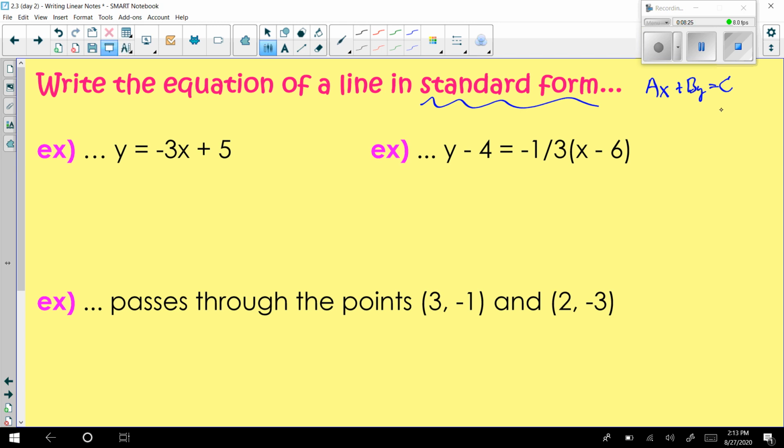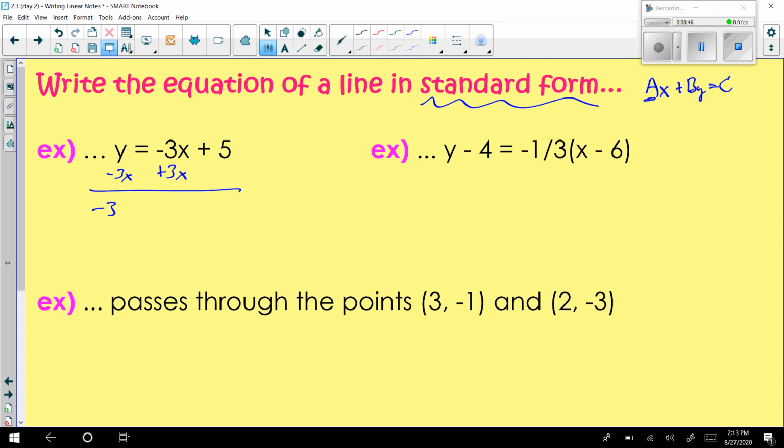So in order to do that, we need to get rid of fractions. We need the x and y on the same side, and usually they make it so that the a in front of the x is positive. Okay, let's try that with this one. Here, there are no fractions, so we're going to move our x term over so the x and y are on the same side.